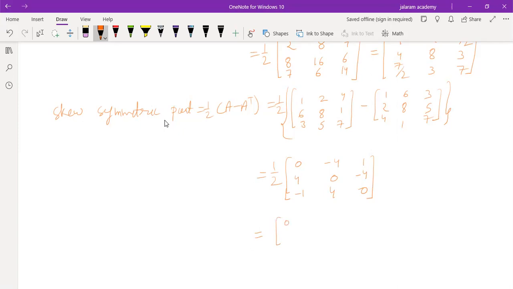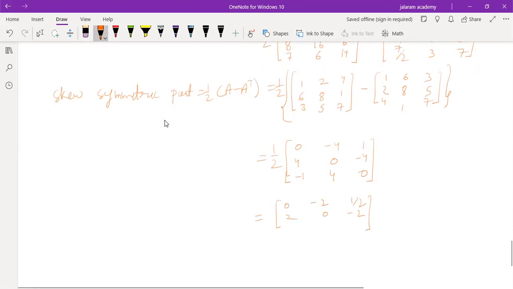Divide by 2: 0, minus 2, 1 by 2, 2, 0, minus 2, minus 1 by 2, 2, 0.